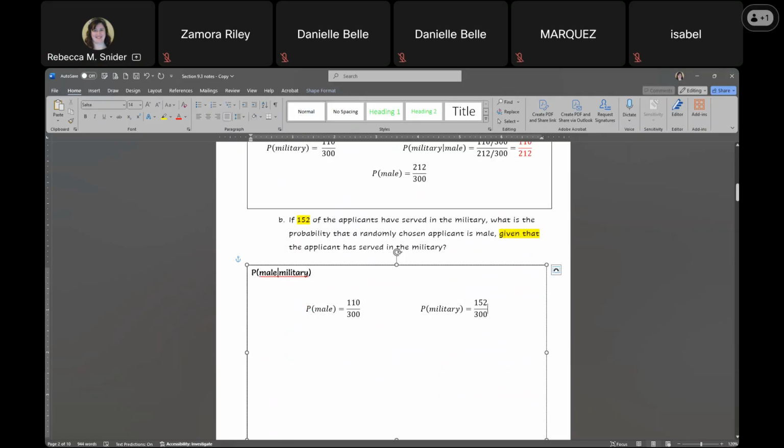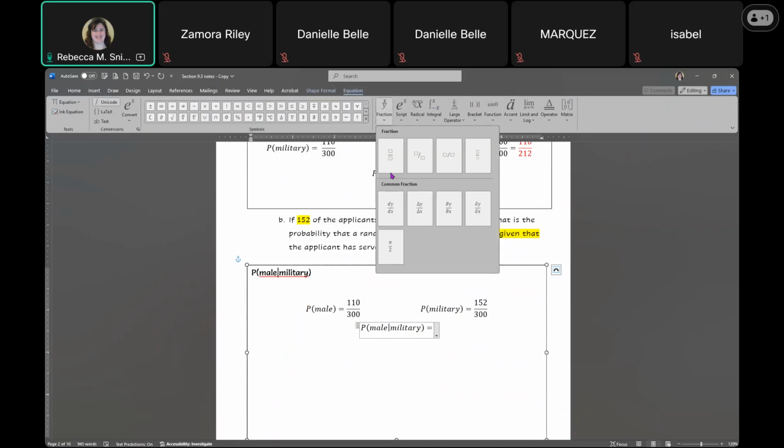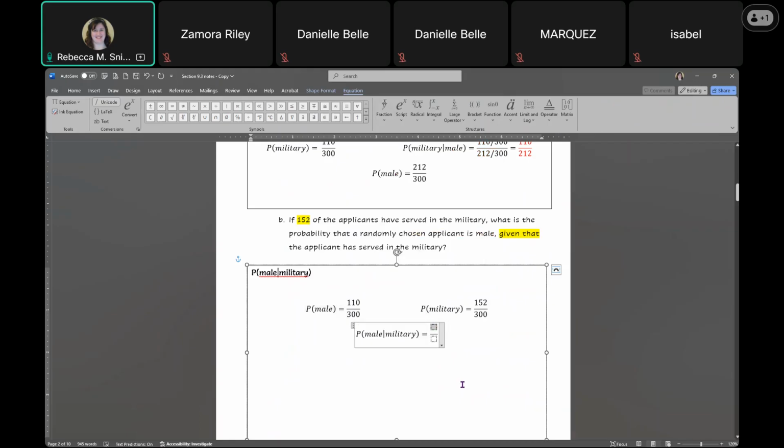Now, just like before, we have to set up your conditional probability. So here, male, given that you are military, is set by creating your fraction, where your numerator is the probability of being male and military, 110 over 300, and your denominator is the probability of military, 152 over that 300.